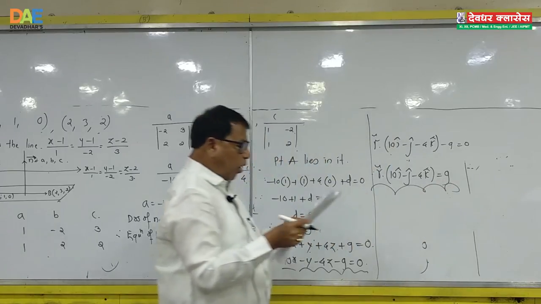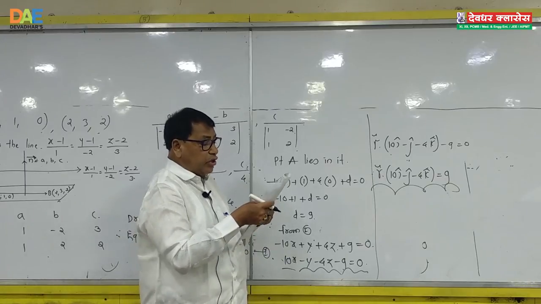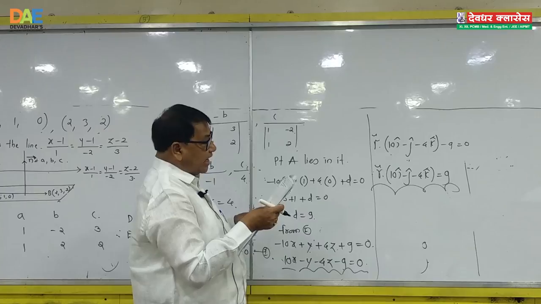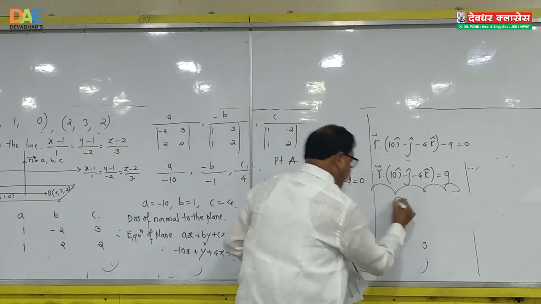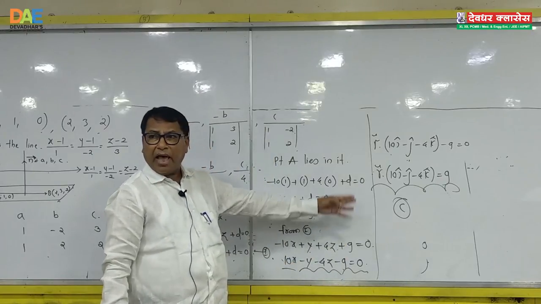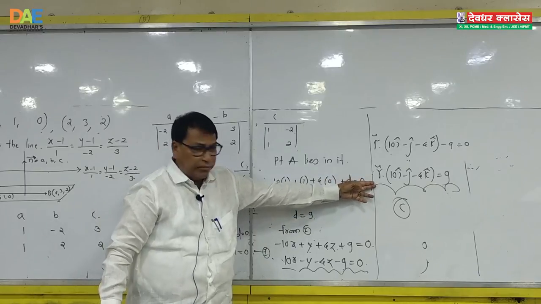It's the vector form. Observe which form is given there. The given equation is in the vector form: r bar dot into bracket 10i minus j minus 4k is equal to 9. C option is the correct option. Both the forms you have given there, the Cartesian form as well as the vector form.